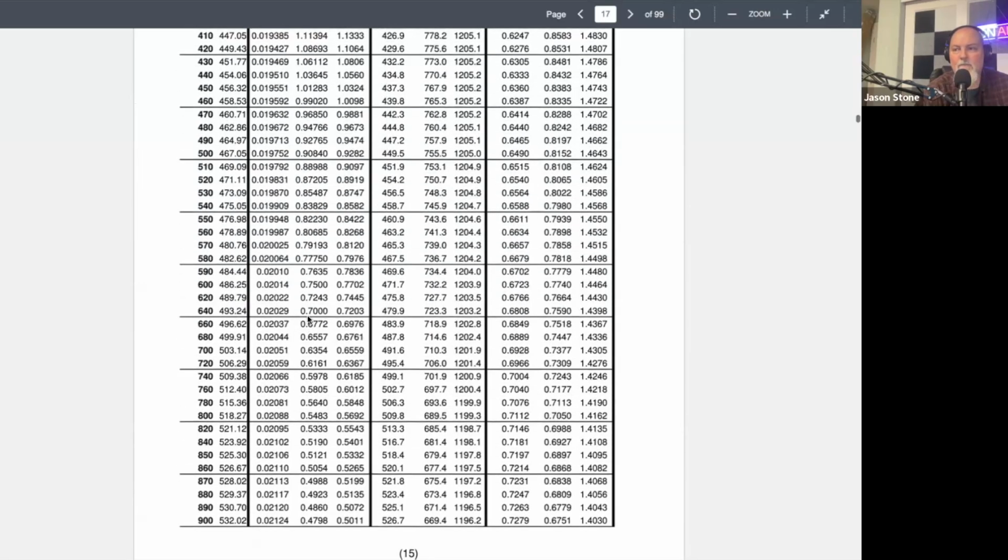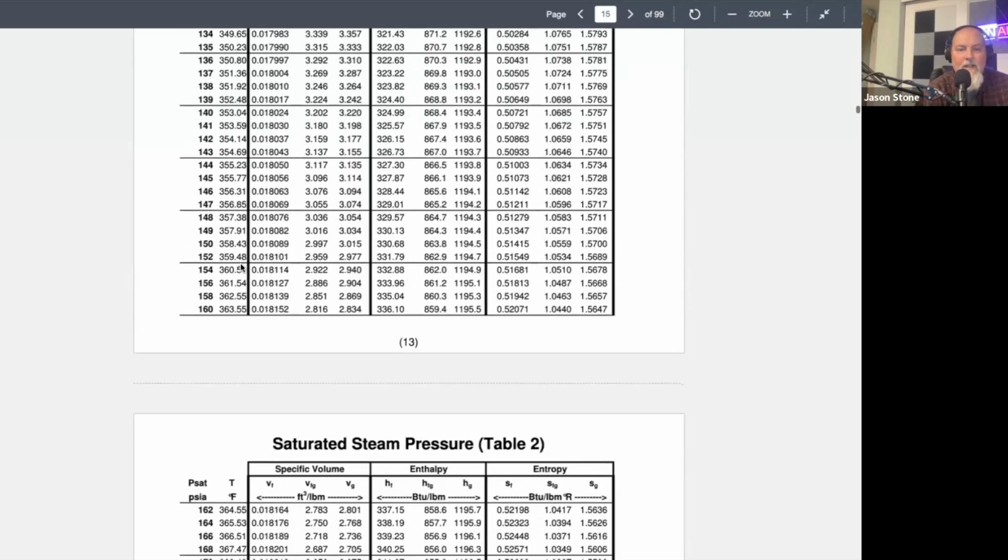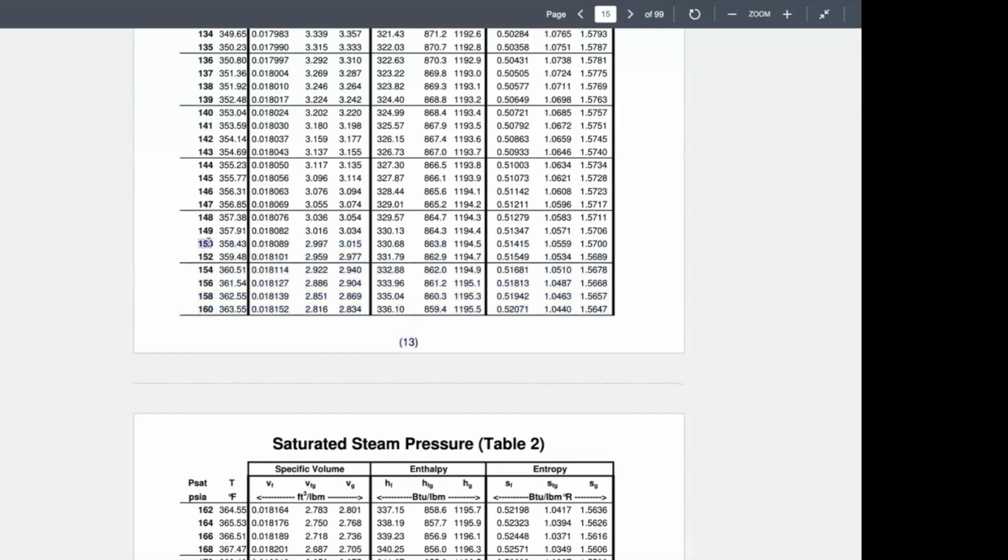Let's look at the pressure. So 150 psia right here. The question is asking how many degrees of superheat does steam at 500 degrees have?